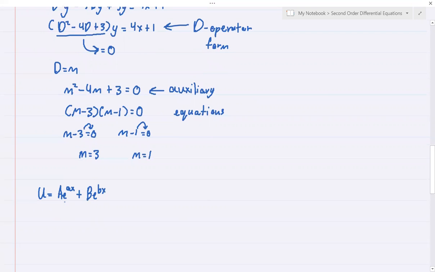So all you need to do is to substitute small a and small b as your m values. Meaning, your a could be either of these two values. You can pick this one as your a and the other as your b or vice versa. Either way, both of them are correct.